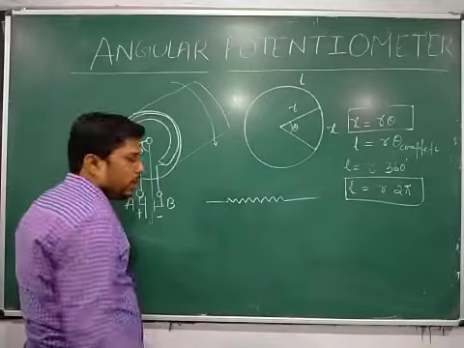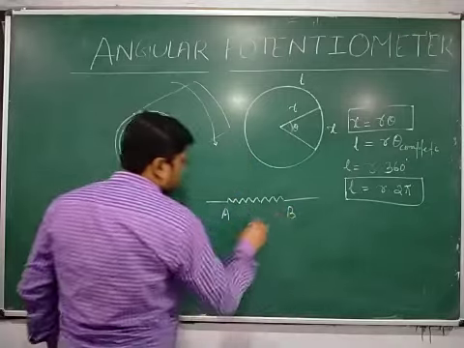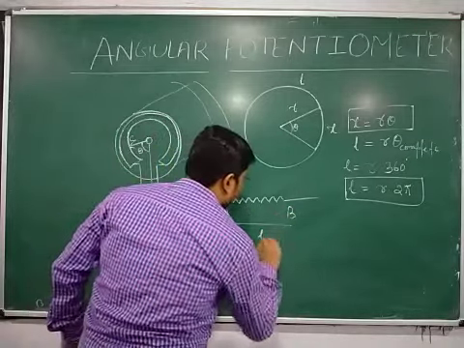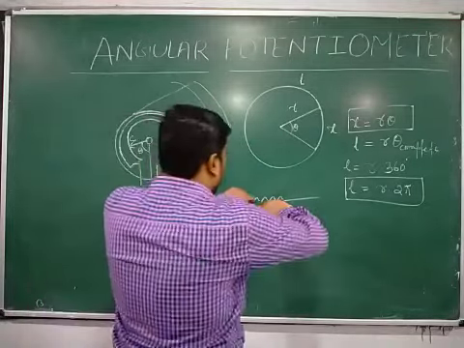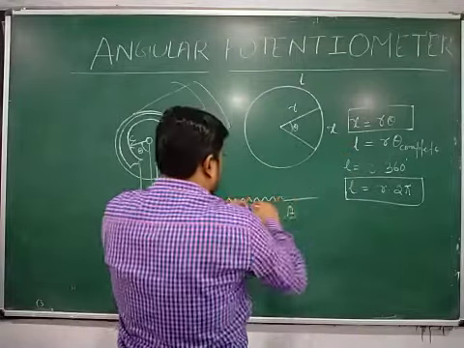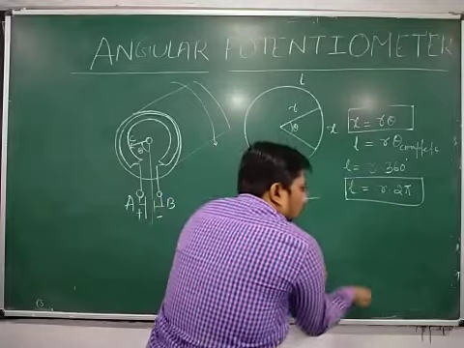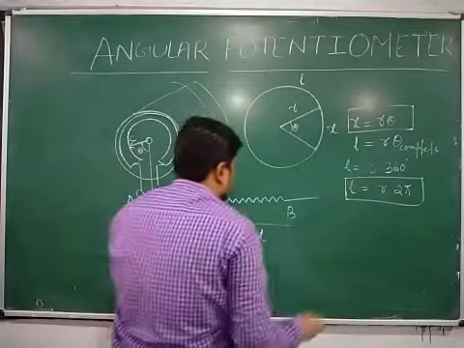Look, when we were studying the linear potentiometer, it was a resistive wire, and the length of the wire is suppose L. Now I am turning this resistive wire into a circular arc or a circular object.